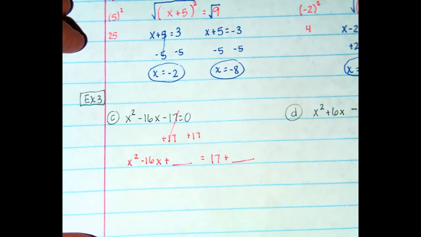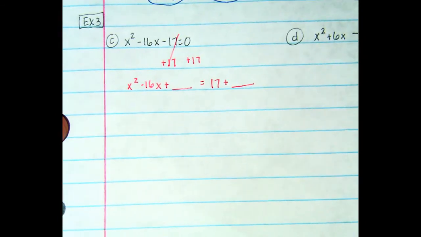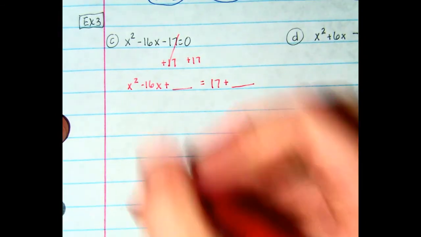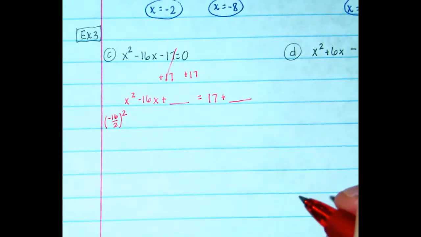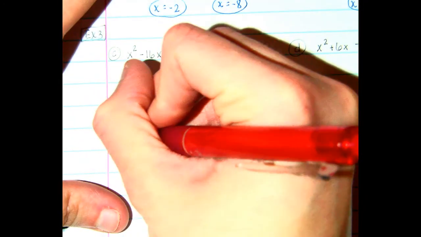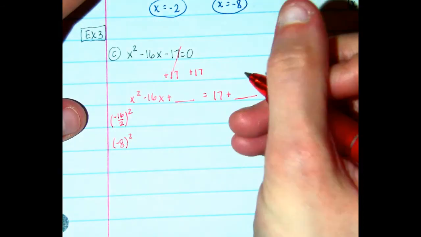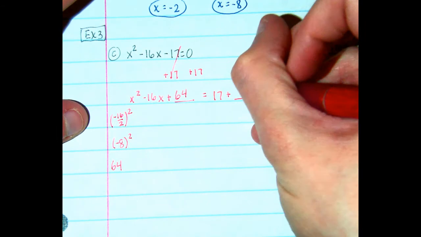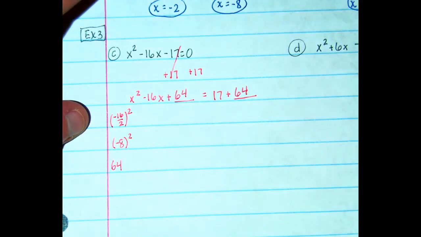Once I've moved it, what's the step now? Yep, negative 16 divided by 2. What is negative 16 divided by 2? What is negative 8 squared? 64, 64.